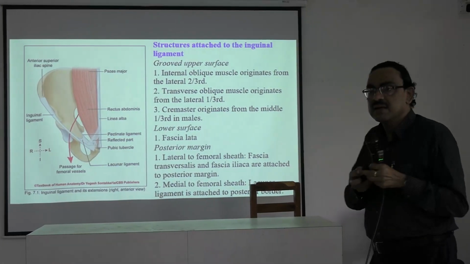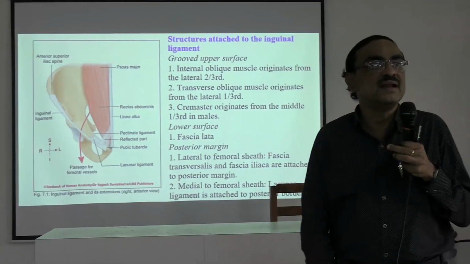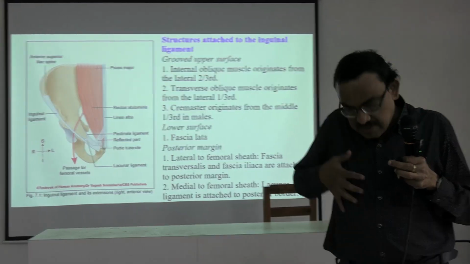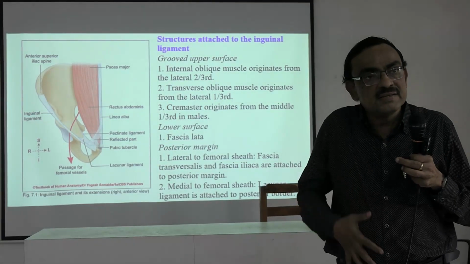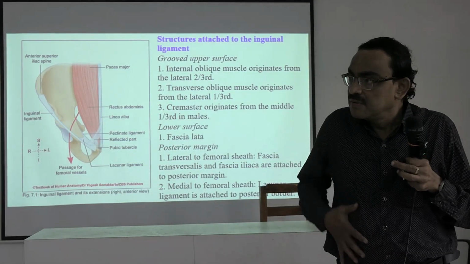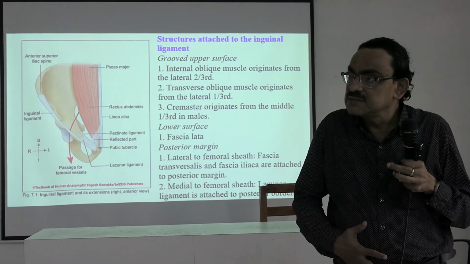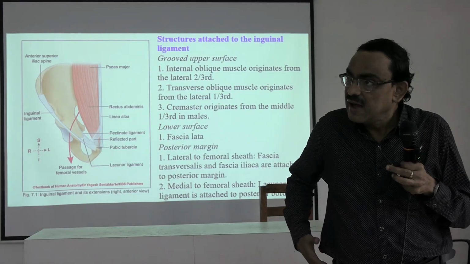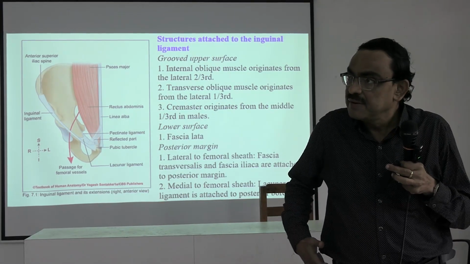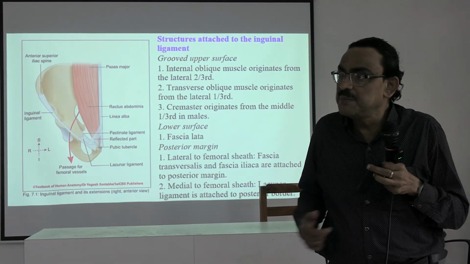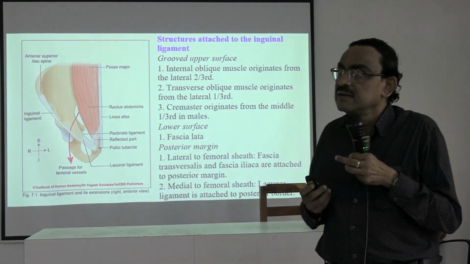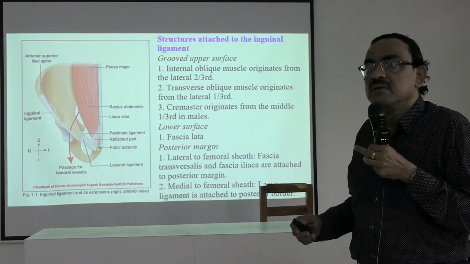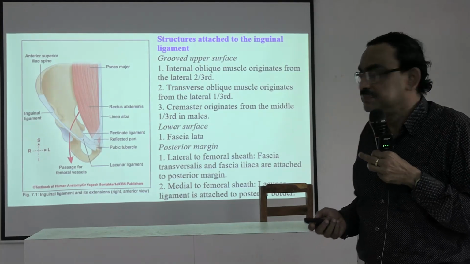Now this external oblique muscle is going downwards, forwards and medially, and from the anterior superior iliac spine up to the pubic tubercle, it is creating the ligament, that is the inguinal ligament.